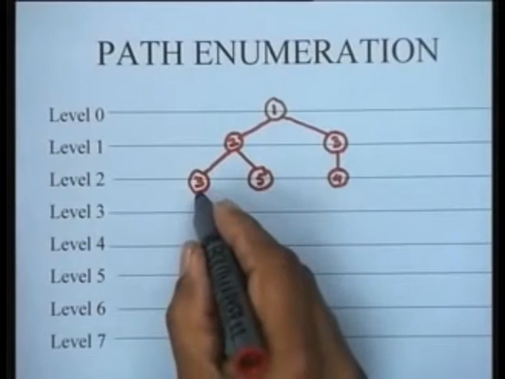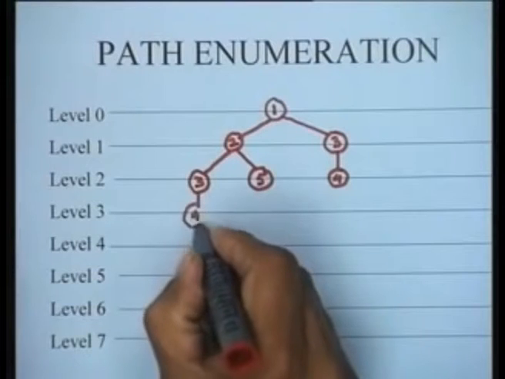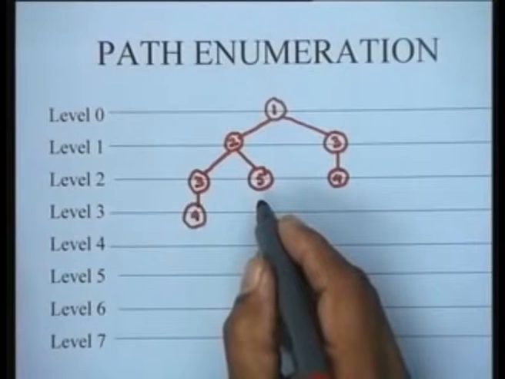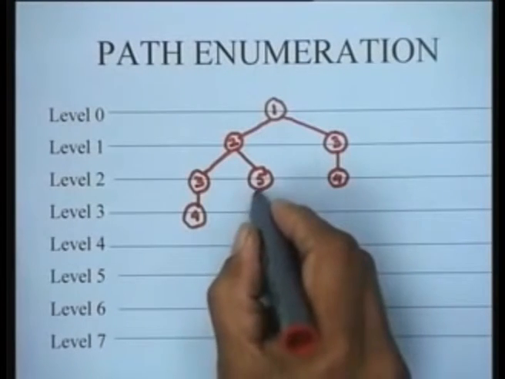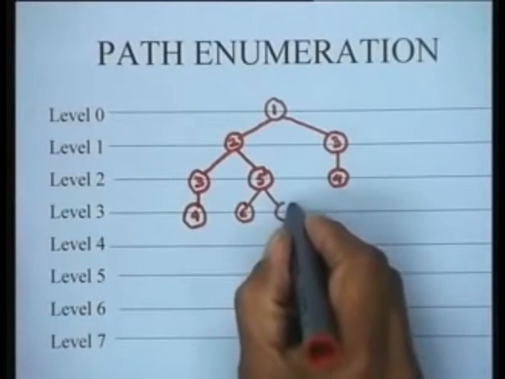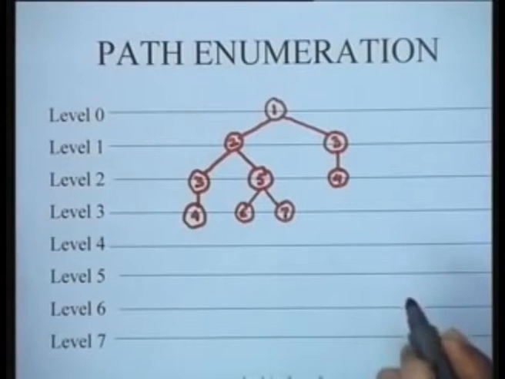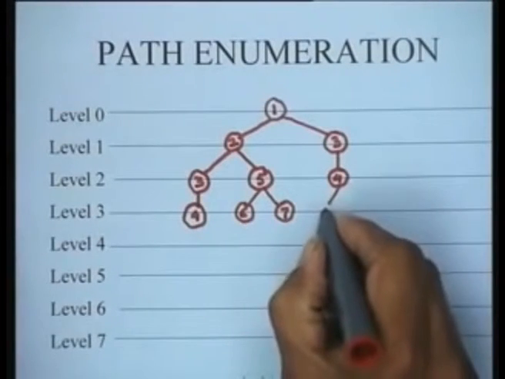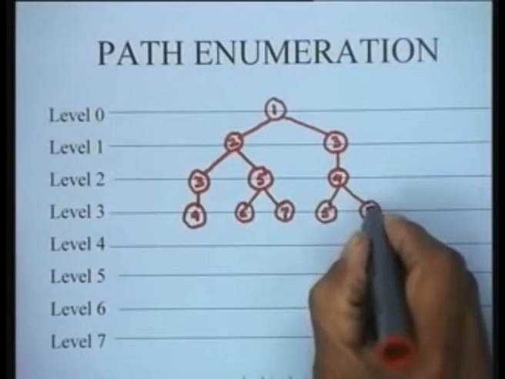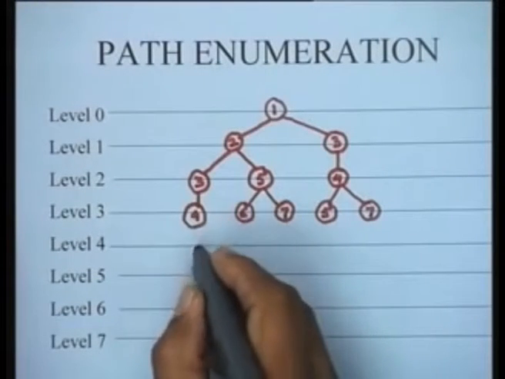Looking at these individual nodes, from node 3 I can go only to node 4, and from node 5 there are two possibilities, I can go to either 6 or 7 as far as the network is concerned, and from node 4 I can go to either 5 or 7. Then from 4 I can go to either 5 or 7.